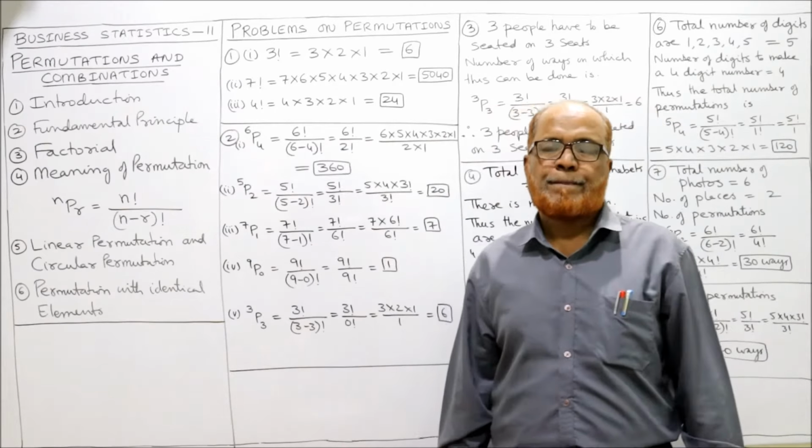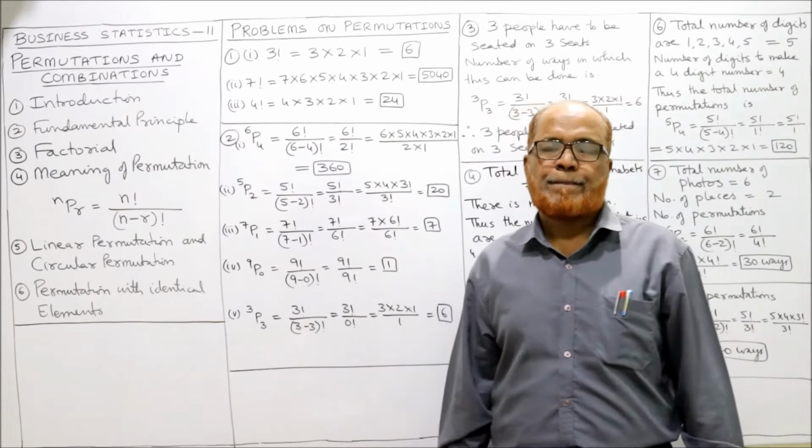Totally 4 batsmen are there, T1, T2, T3, T4, and 3 bowlers are there, O1, O2, O3. Now the captain has to make a combination of one batsman and one bowler. In how many ways can he make a combination of one batsman and one bowler among 4 batsmen and 3 bowlers?